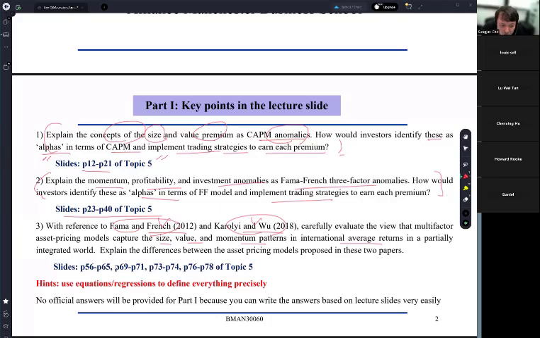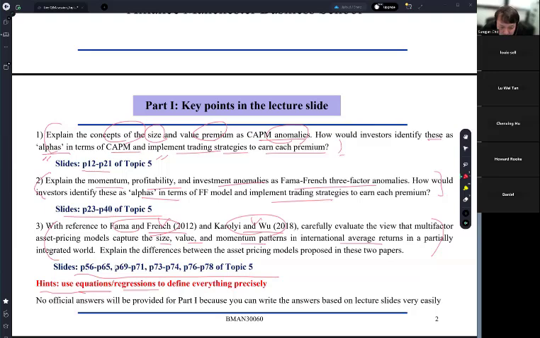Anyway, you are supposed to summarize that for this question, based on this and also on my review slide. Whenever you try to answer these kinds of questions to get good marks, you have to use equations, you have to use regressions, and you have to define everything precisely. What is the meaning of alpha, etc., right? That's true even for the exam, for the short questions.